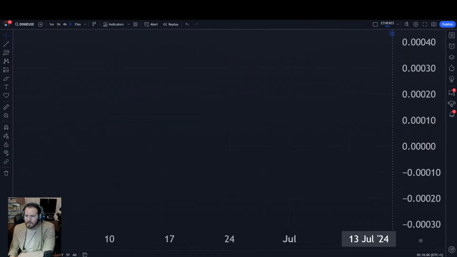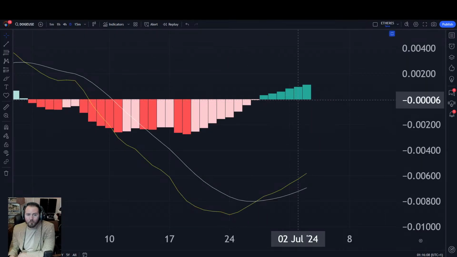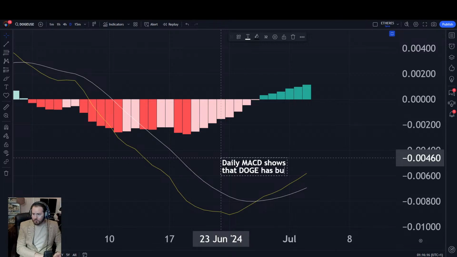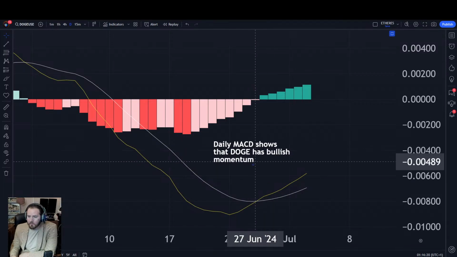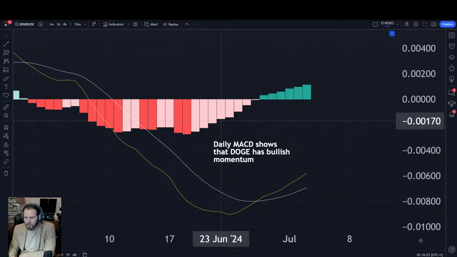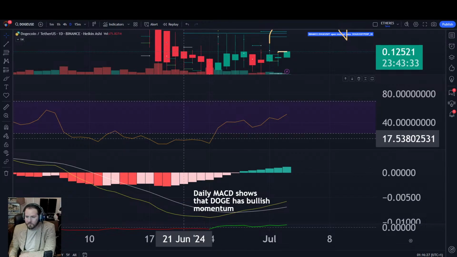But if you go to the daily MACD, boom, the daily looks great. Daily MACD shows that Doge has bullish momentum. And we really started recovering again on the MACD on June 24th over here. But the RSI was already oversold prior.